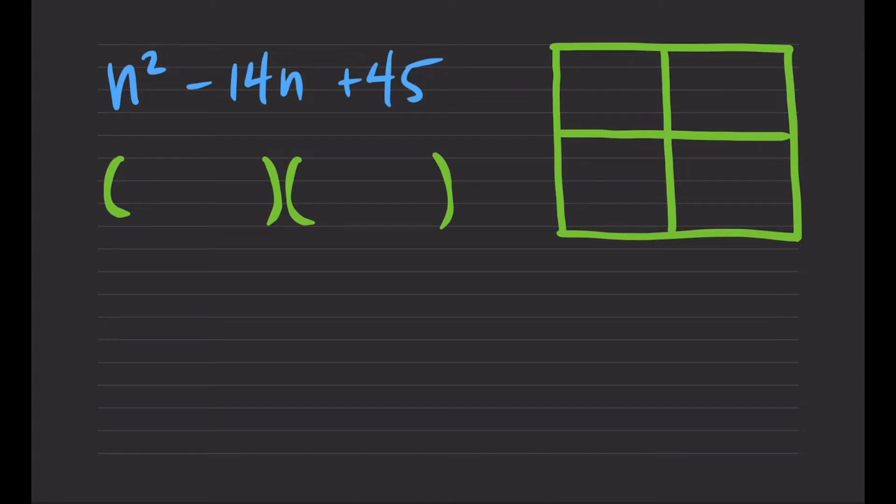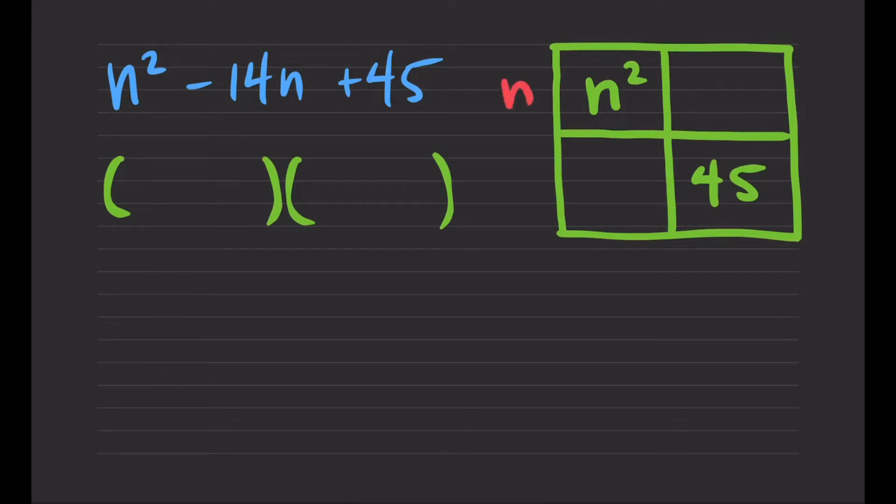So after I've drawn my window, I'm going to want to have n squared minus 14n plus 45 be the entire area. And one thing that I do know is that this area over here is going to be represented by n squared, and this area over here is going to be represented by positive 45. Okay, so I know a couple things off the top.